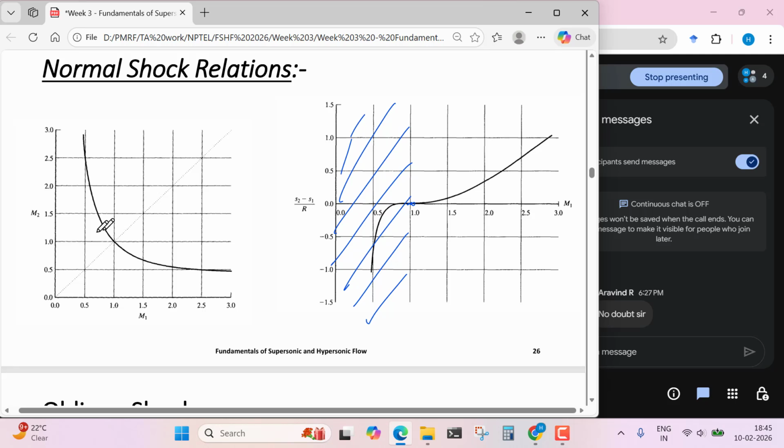And if you see the Mach number plot, for Mach number greater than 1, it means if upstream is supersonic, downstream we are getting is subsonic. If upstream is subsonic, downstream we are getting is supersonic. But we already saw that subsonic upstream is not possible, so it is not possible.